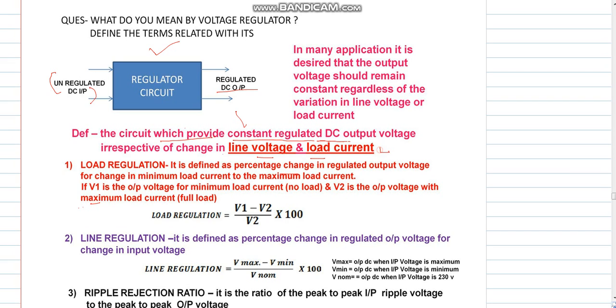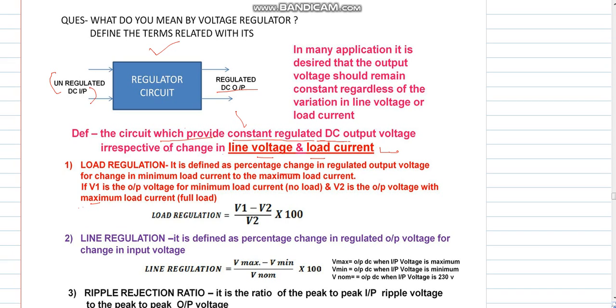Whenever the load current, that means the output current, changes, the DC output voltage also varies. So whenever we use a regulator circuit in a DC power supply, it provides a constant regulated DC output voltage irrespective of change in line voltage and load current.